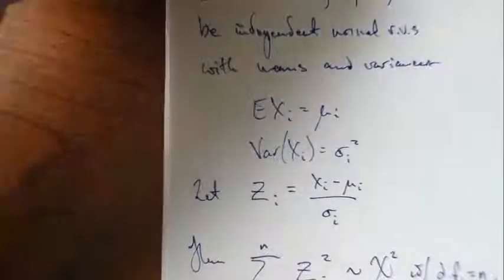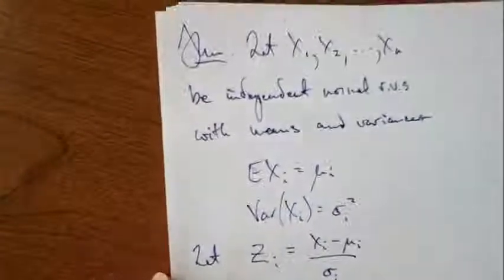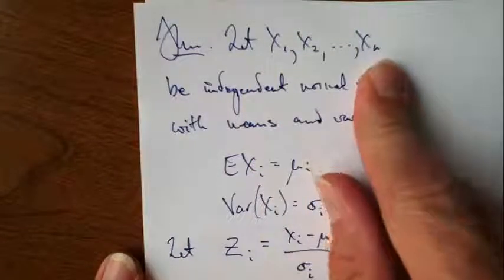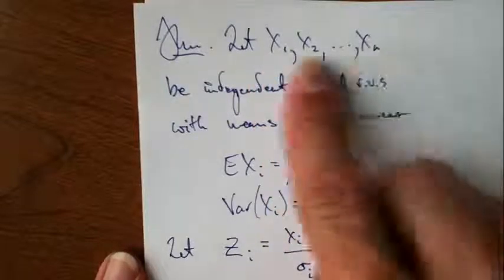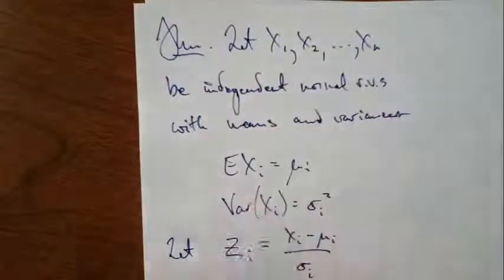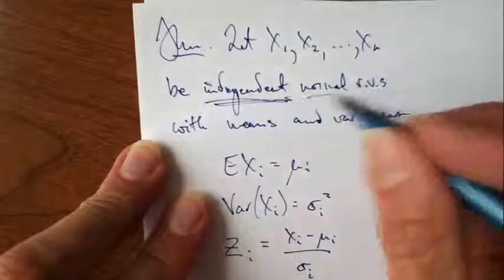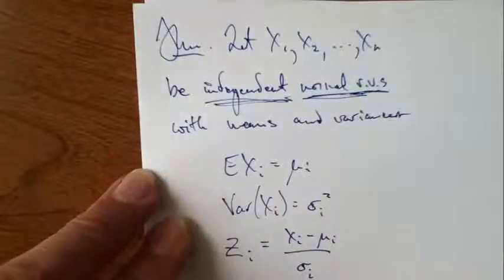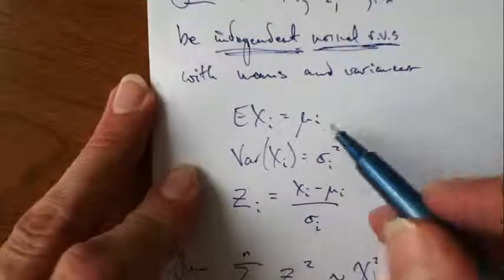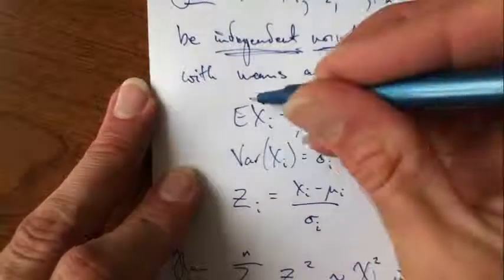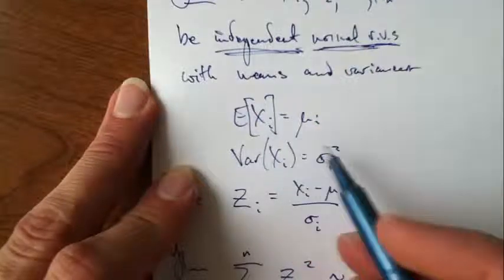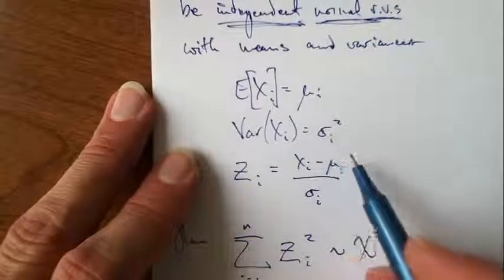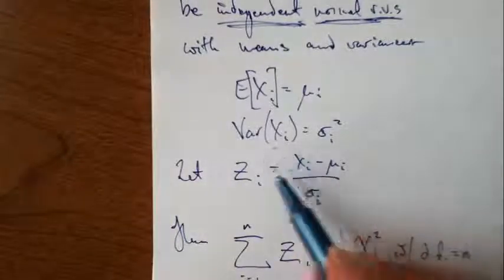Here's an important theorem for some statistical applications for sure. Let x1, x2, through xn, so let these n things be independent normal random variables. These are all independent normals with means like this. They can have different means. The mean for the ith one is mu i, and the variance for the ith one is sigma i squared, just like we had previously.